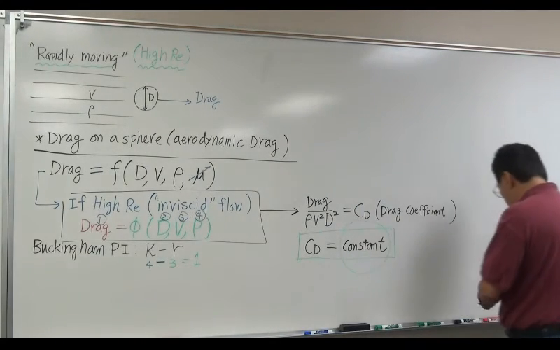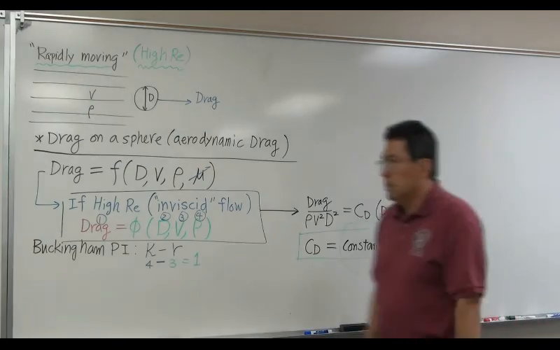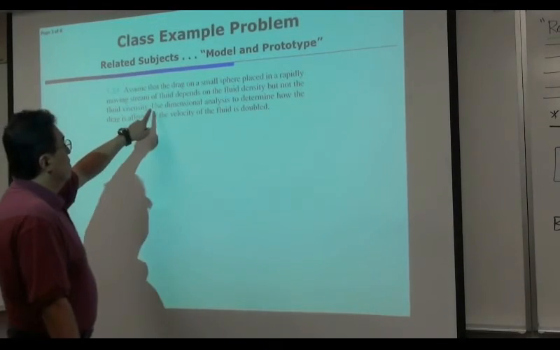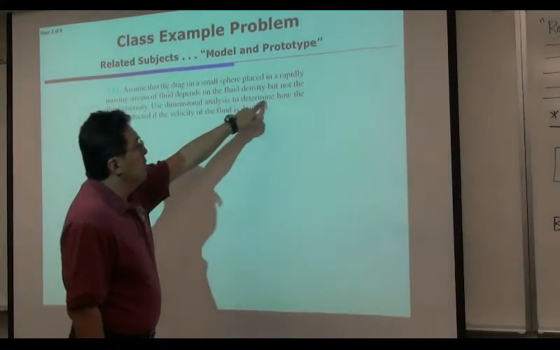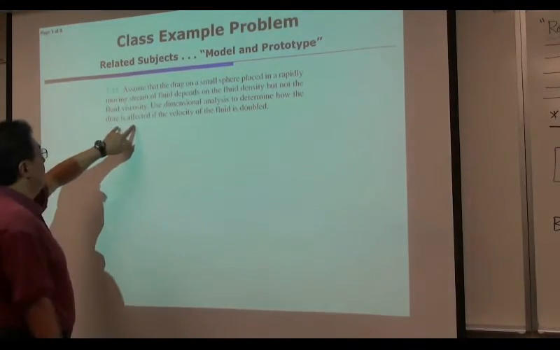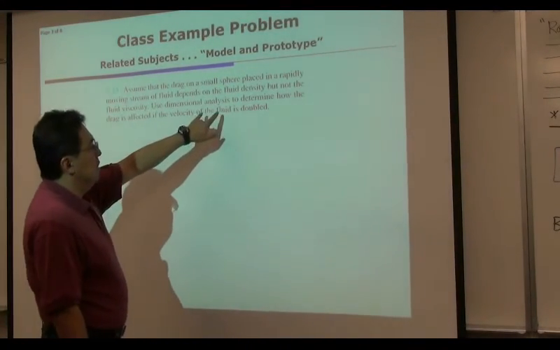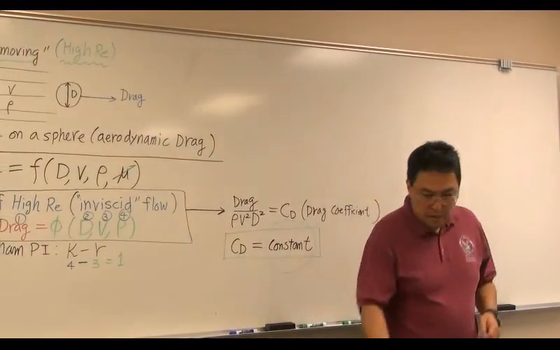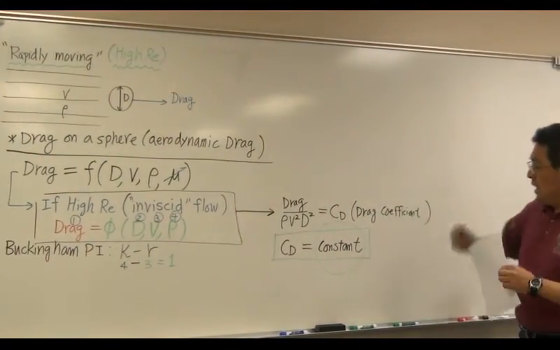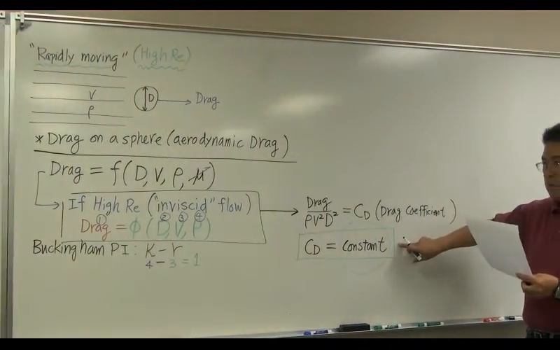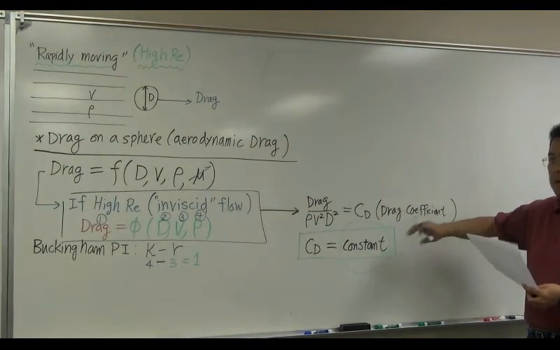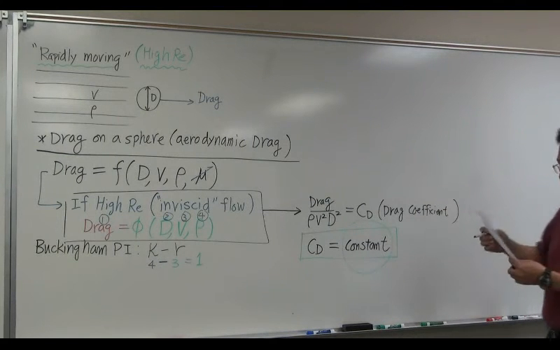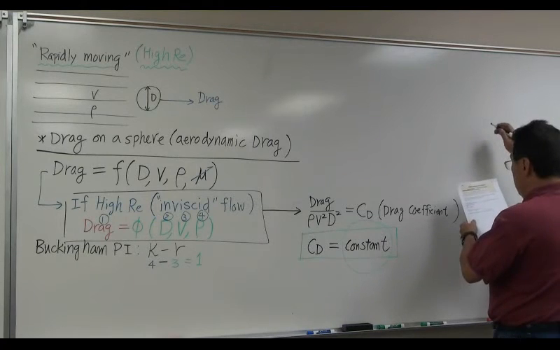Okay. So now let's answer the question given here. Let's go back to the original statement. It says use dimensional analysis to determine how the drag is affected if the velocity is doubled. So in this particular case, you don't even have to tell what this constant is, because what you can tell is how much drag change happens if I make the velocity twice as fast.